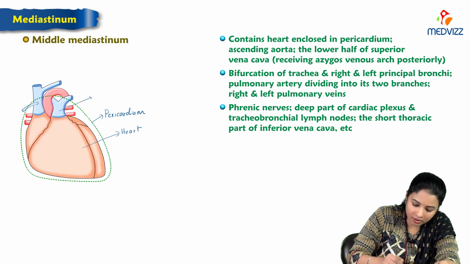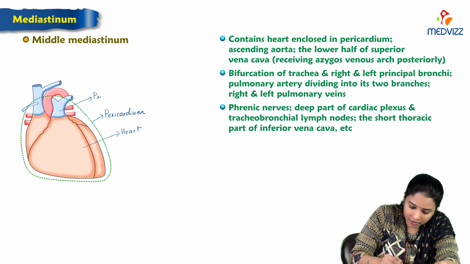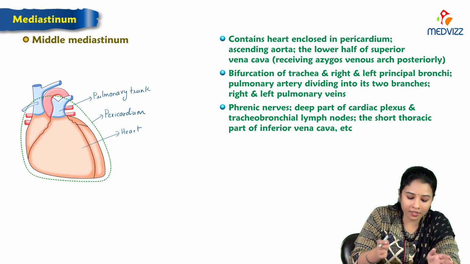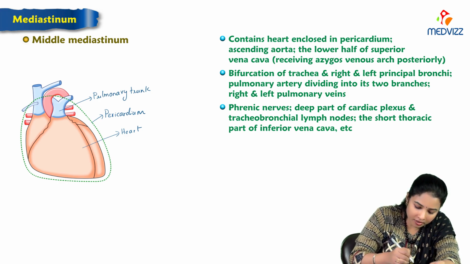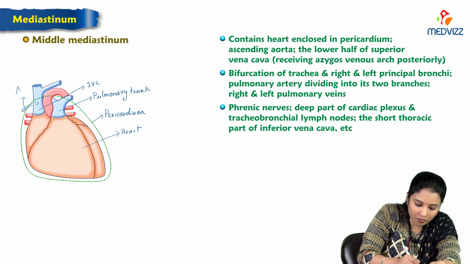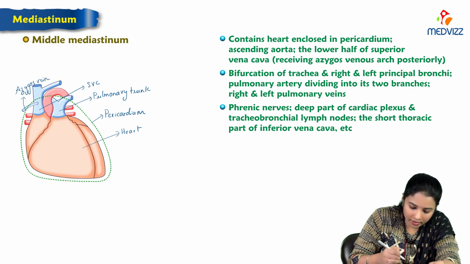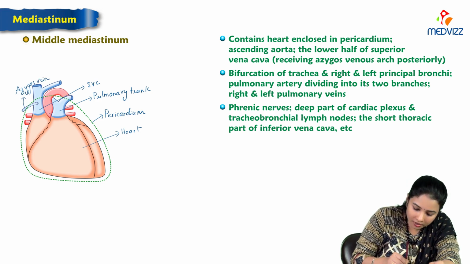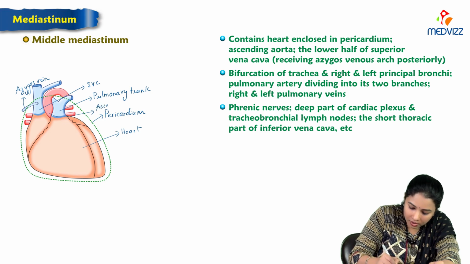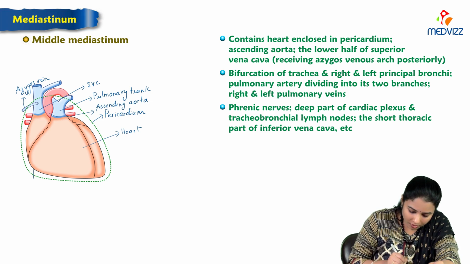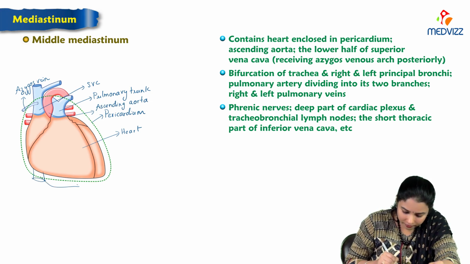We can see the pulmonary trunk dividing into right and left pulmonary arteries, the lower part of the superior vena cava, the termination of the azygos vein, the ascending aorta, and from below the inferior vena cava.